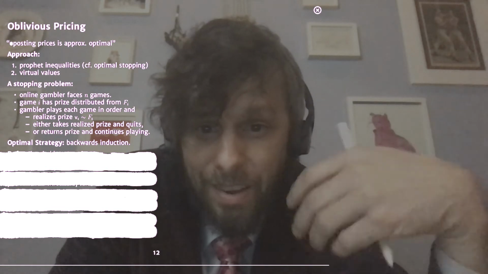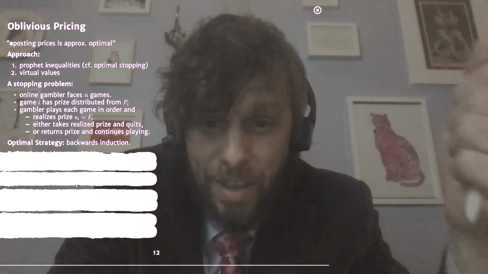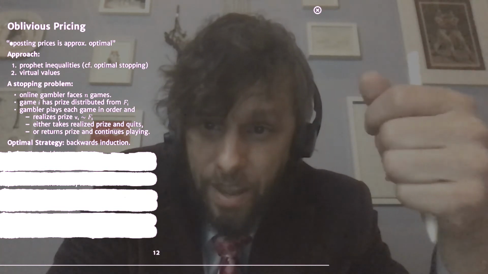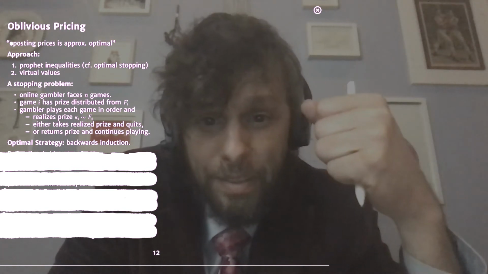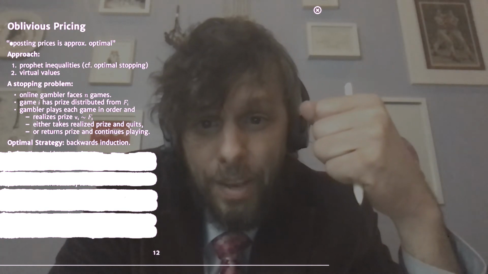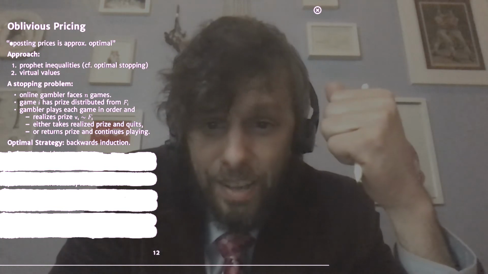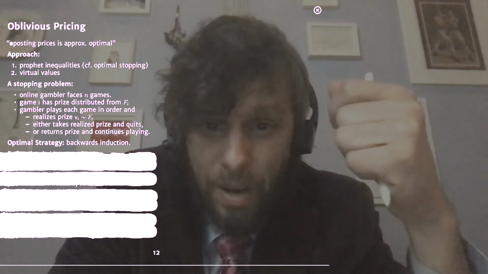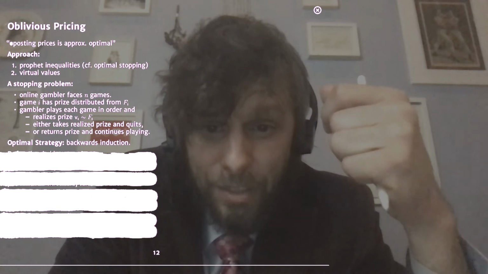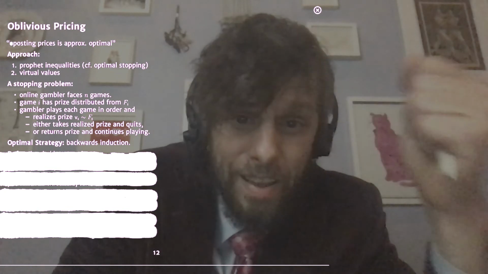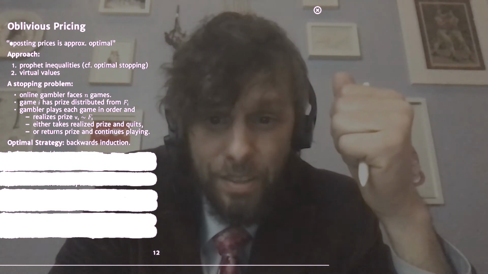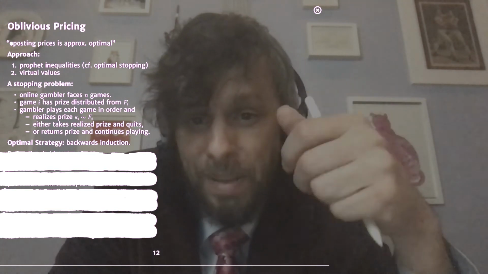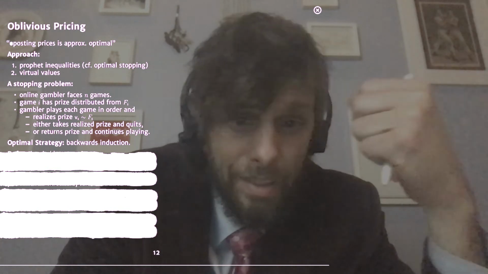That gives you some expected value, the expected value of Fn, the last game. On the second to last day, you should take the prize and quit if its value is at least the expected value you could get on the last day, the expected value of Fn. And on the third to last day, you should take the prize if it's at least the expected value you would get from the last 2 days.